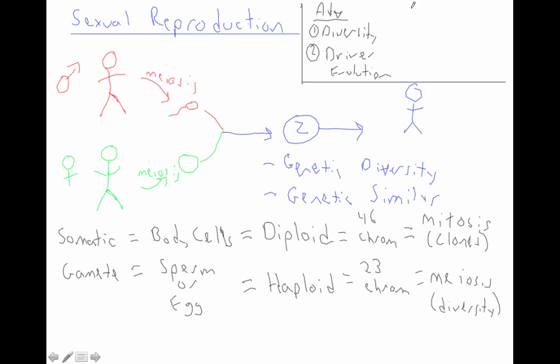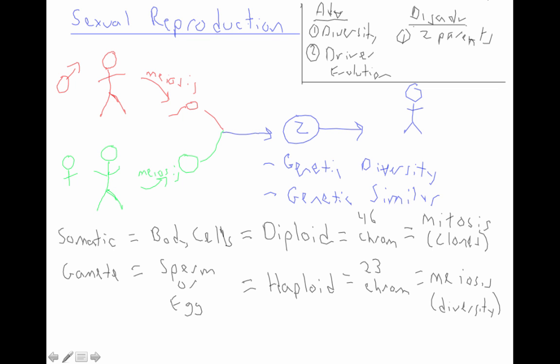Now some disadvantages of sexual reproduction. Let's see if we can come up with a couple here. You need two parents. Sometimes requiring two parents creates problems.